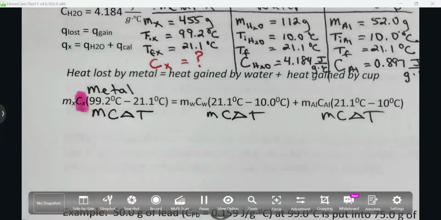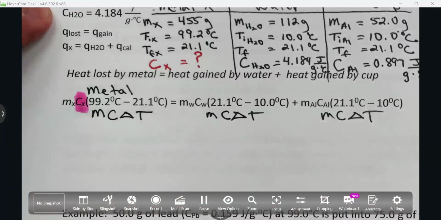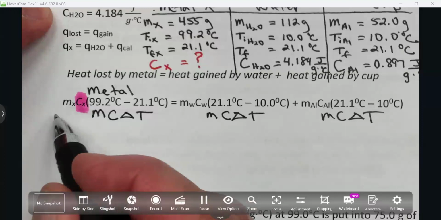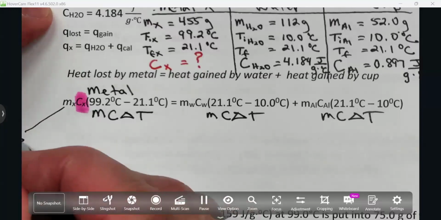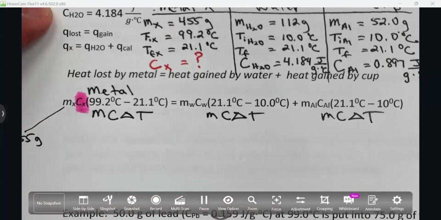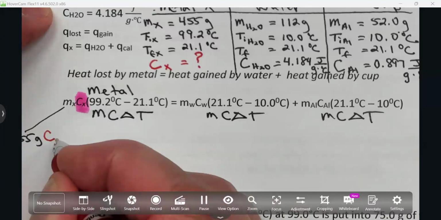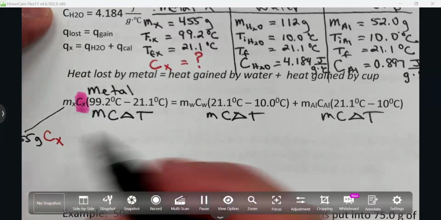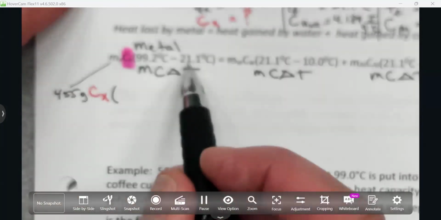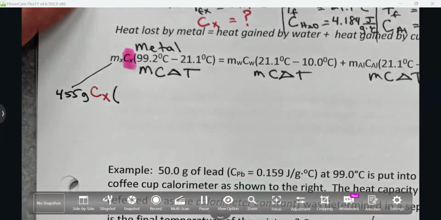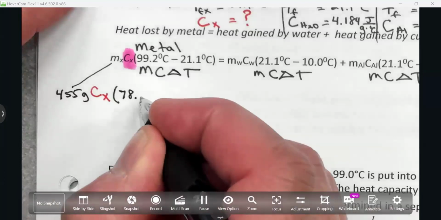We're trying to find the specific heat of our metal. So let's start putting our numbers in here. I'm going to move over here: 455 grams times my specific heat. My temperature change is 99.2 minus 21.1. My temperature change is 78.1.